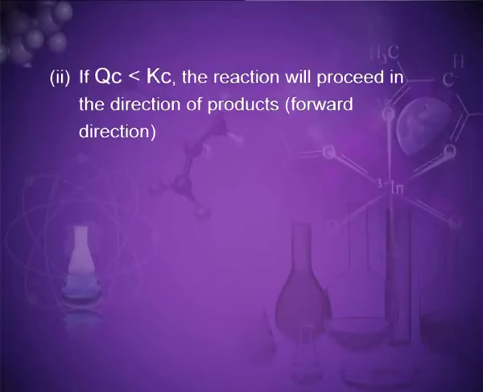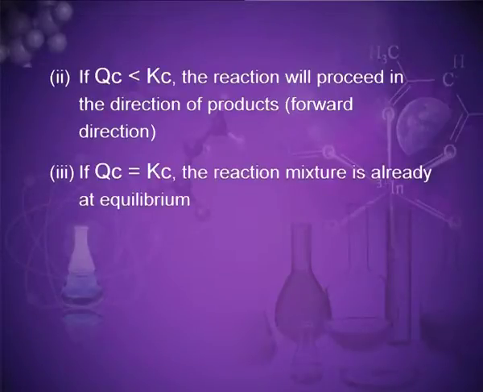Second, if Qc is lesser than Kc, the reaction will proceed in the direction of products, that is the forward reaction. Third, if Qc is equal to Kc, the reaction mixture is already at equilibrium. The reaction quotient Qc is useful in predicting the direction of reaction by comparing the values of Qc and Kc.